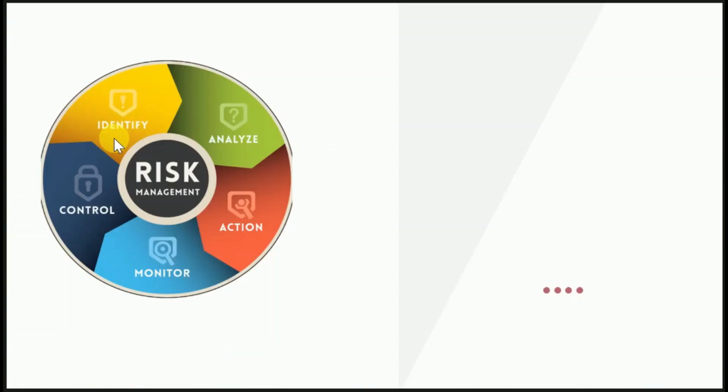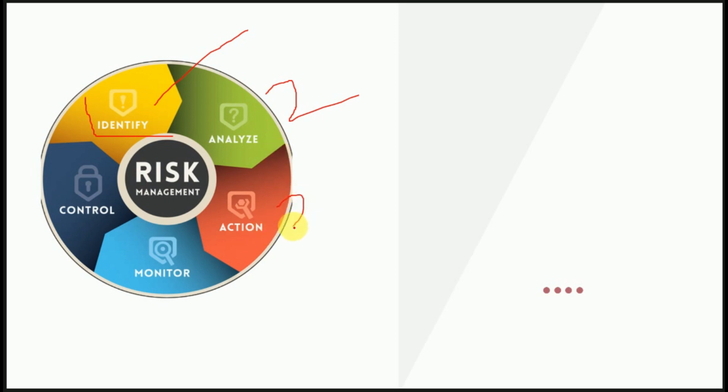You can see these photographs. First, we collect all the risks. We identify all the risks which may or may not occur in our project. Second, we analyze those risks through qualitative and quantitative risk analysis.